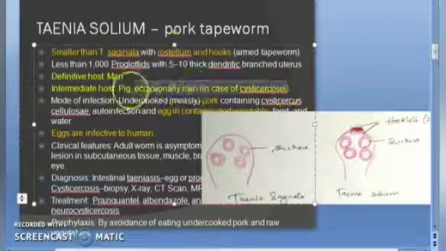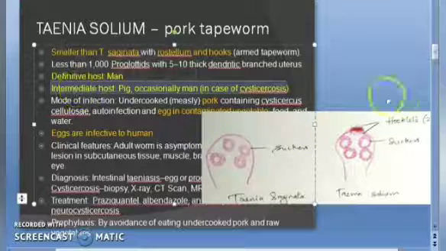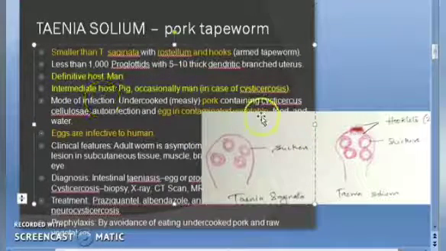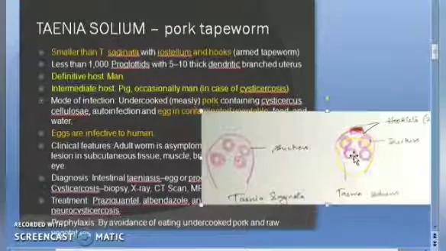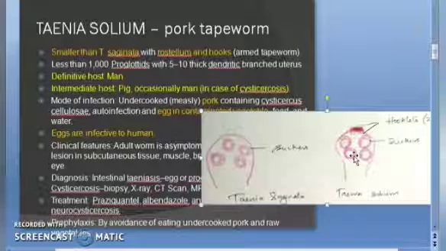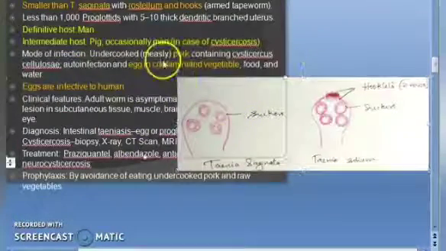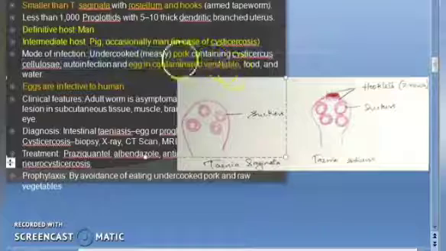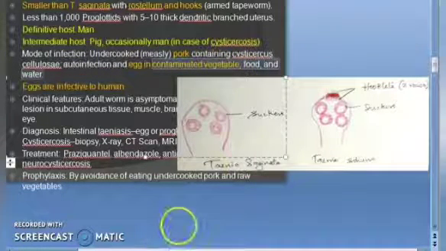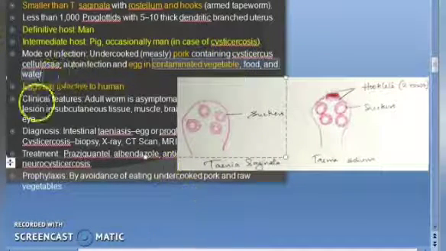In case of cysticercosis, the intermediate host is again man. Infection happens by eating undercooked pork containing the Cysticercus cellulosae. Here the eggs are also infective to humans. There can be auto-infection. Even a vegetarian can get this disease because contaminated vegetable food and water can affect us.